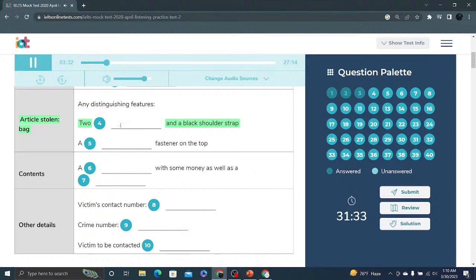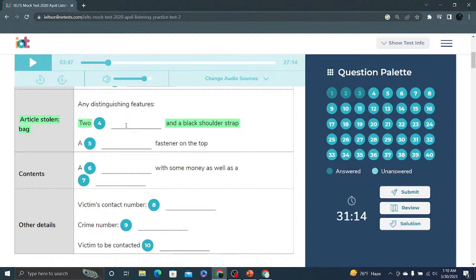Okay, that's fine. Now, you said you would like to report a theft. Yes, my handbag was stolen this morning. Can you describe your handbag? Well, it's quite an ordinary white leather bag with 2 black leather handles.